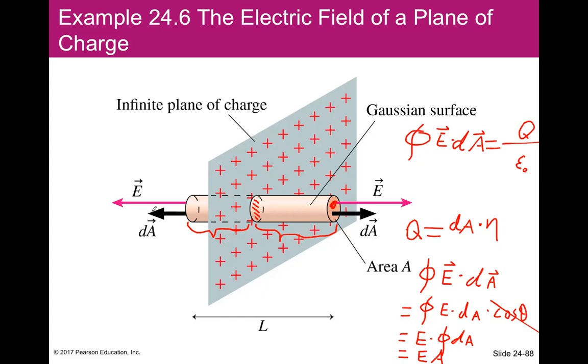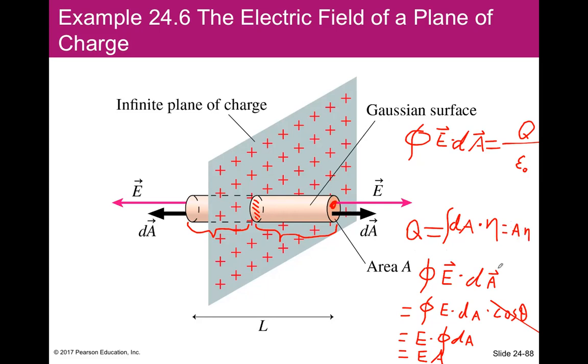For the total flux, you have 2 times EA. And for the charge, it's the surface integral of dA times eta on this middle surface on the plane. So finally you get A eta. This is the Q.